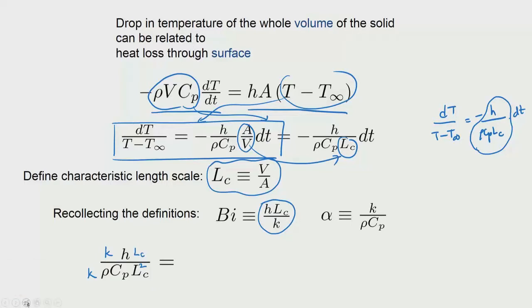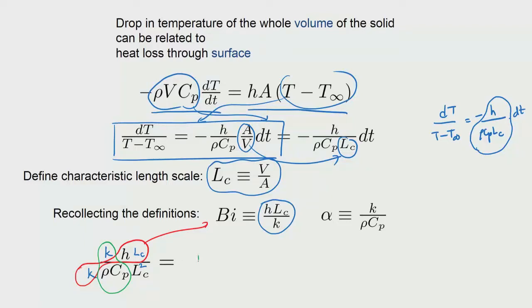Once we do that, we recognize that there are some terms that we could gather. So, we see that h Lc by k has come out, and we also see that one more expression is coming out, k by rho Cp. That has come out as alpha. So, you could see that the Biot number is there, alpha is there.